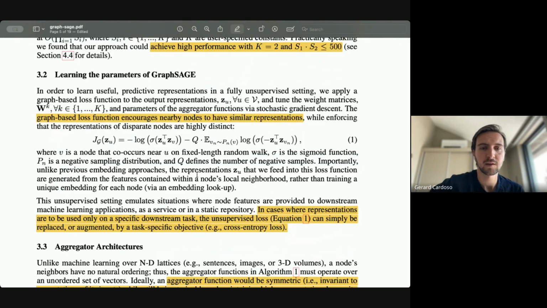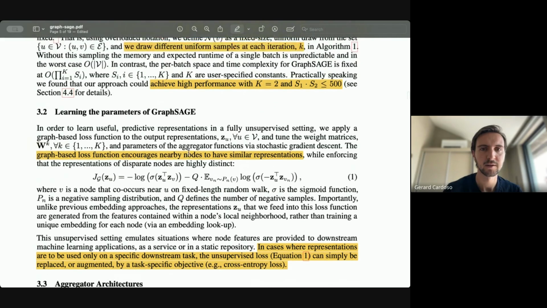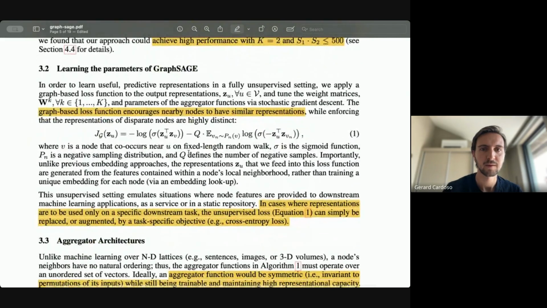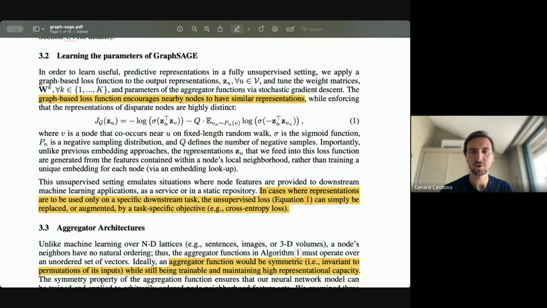So we've done the forward propagation. We've basically done the message passing of the node features. How do we learn the parameters of GraphSAGE? As I mentioned before, you can do this in an unsupervised way, or in a supervised way.